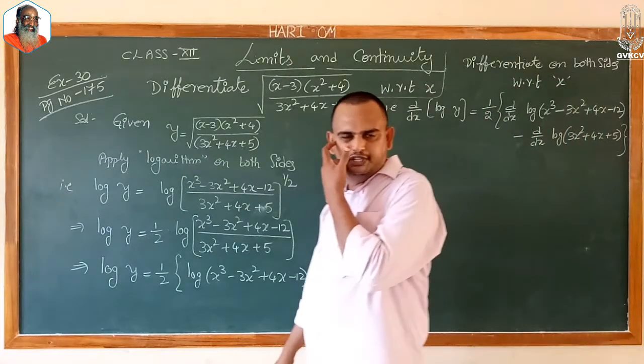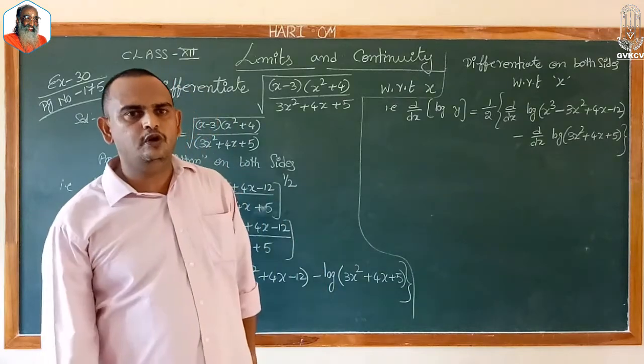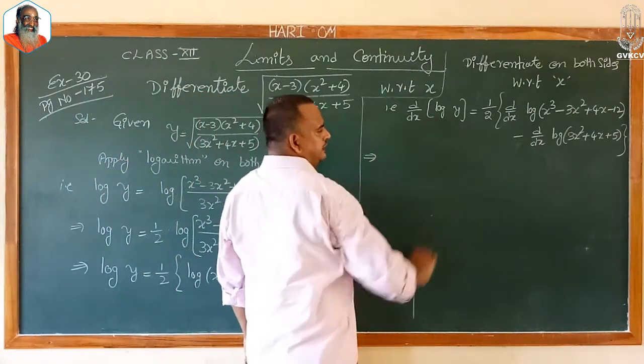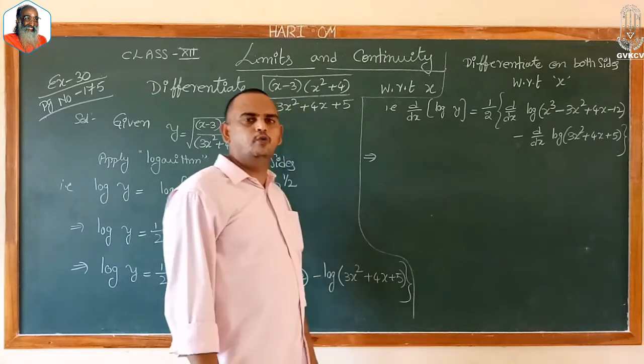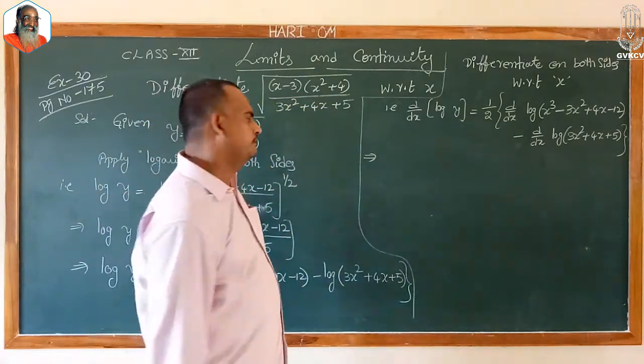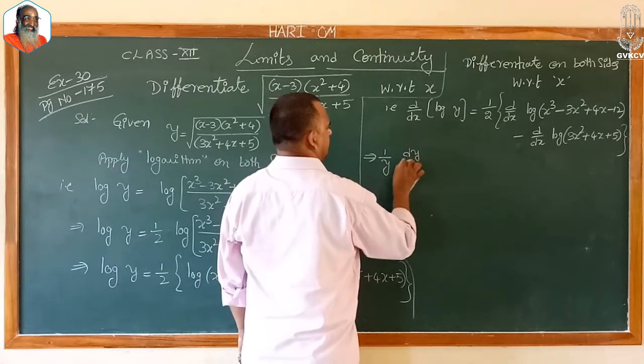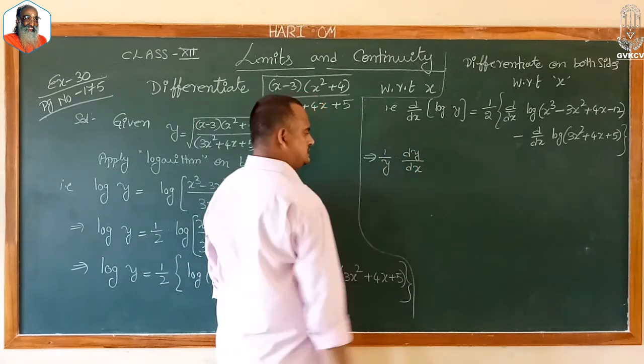So now I am differentiating on both sides with respect to x. That implies log y derivative, what is the derivative of log y? 1 by y. So we have 1 by y into dy by dx.